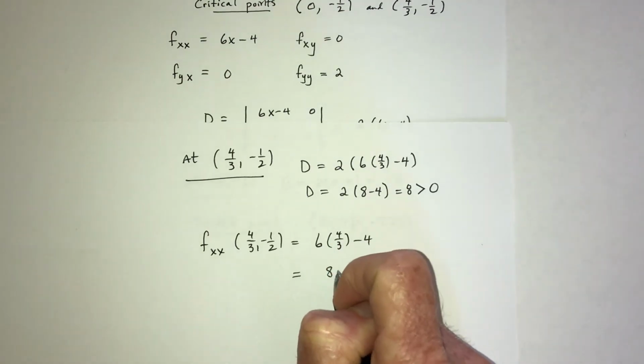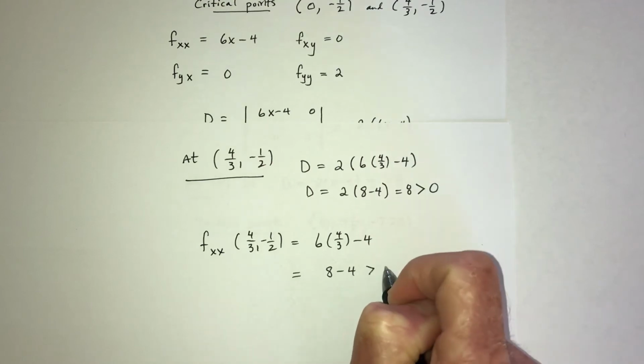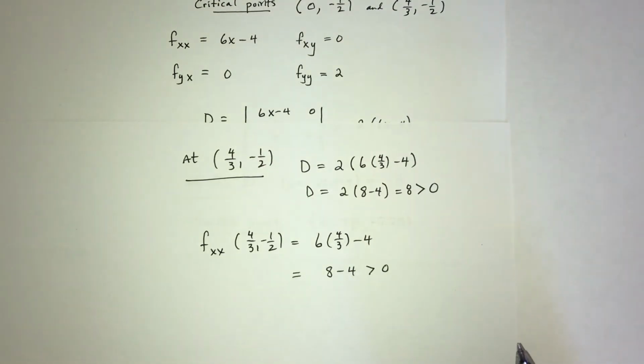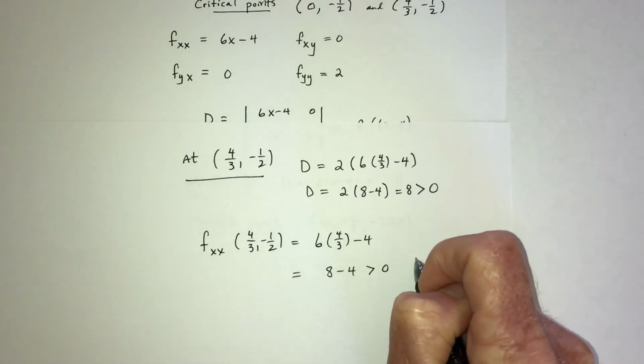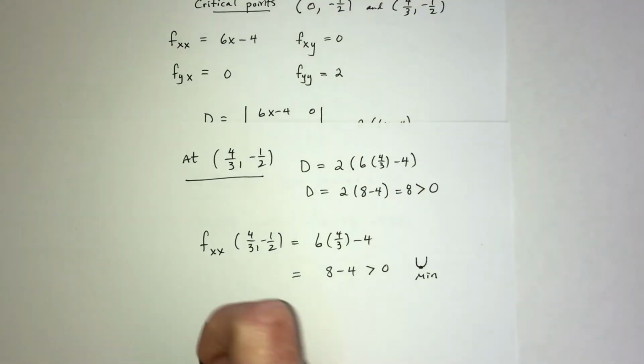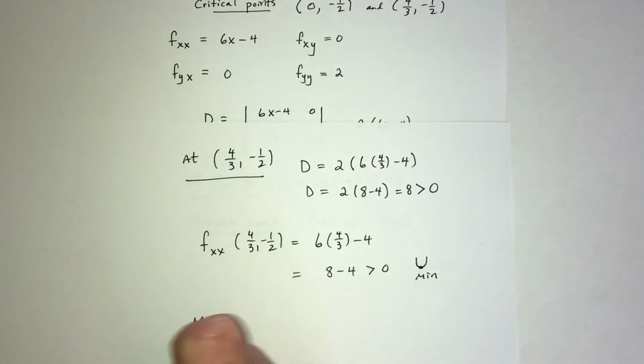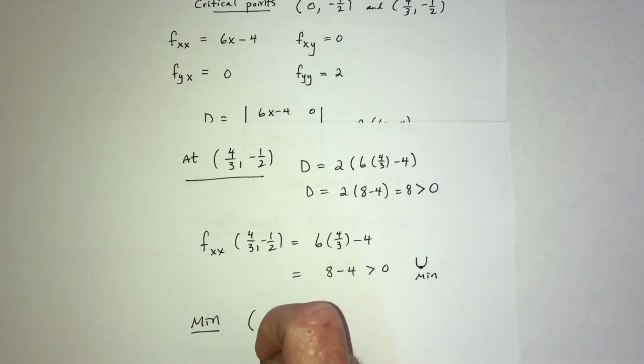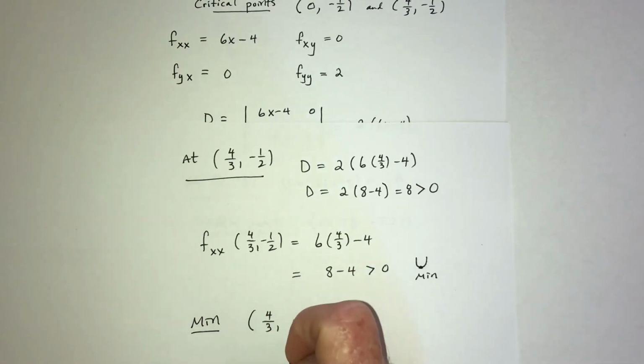That is 8 minus 4, which is a positive number. And when you have a positive, that's like being concave up for positive second derivative, and that means it's a minimum. So then there's a minimum when x equals 4/3, y equals negative 1/2, and z equals what?